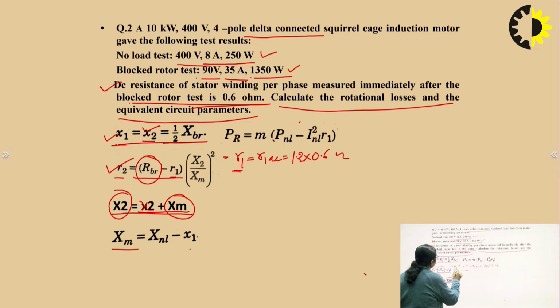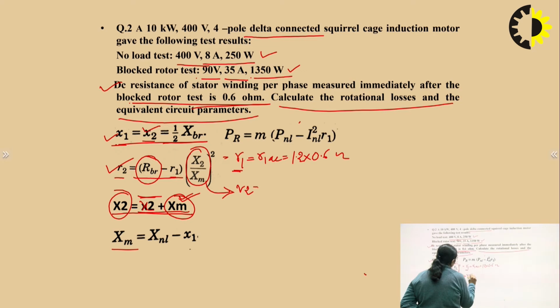So in this particular equation, in comparison with Xm, the value of X2 is quite small. So we can further simplify this part of the equation and take it equal to almost unity. With such an approximation, the resistance R2 can directly be written as RBR minus resistance R1, right?